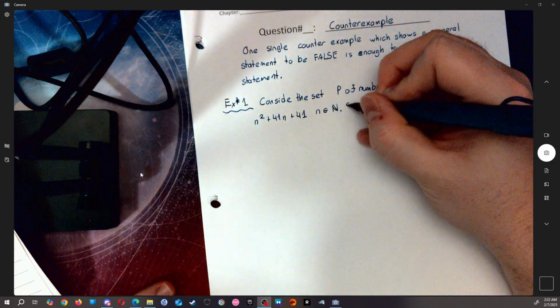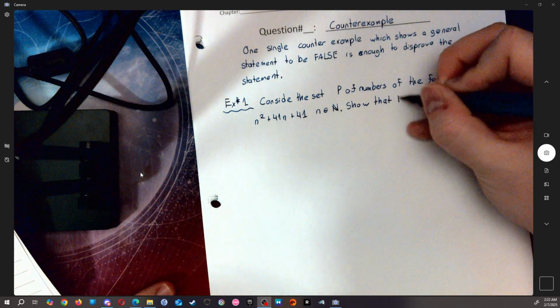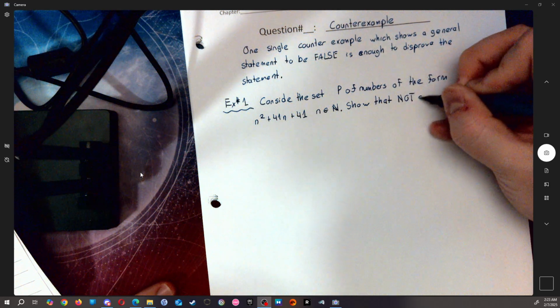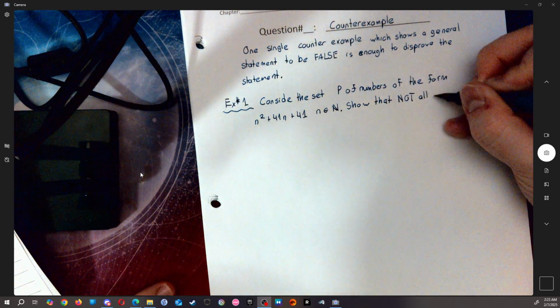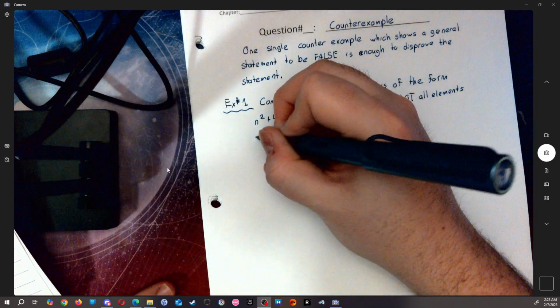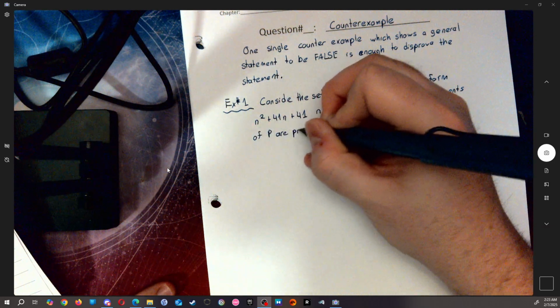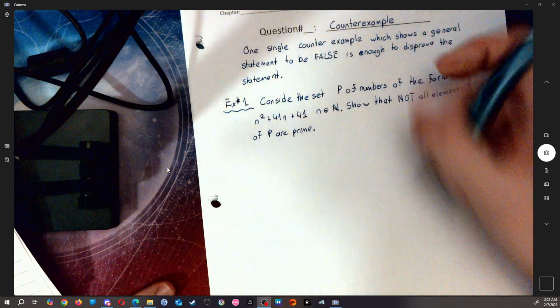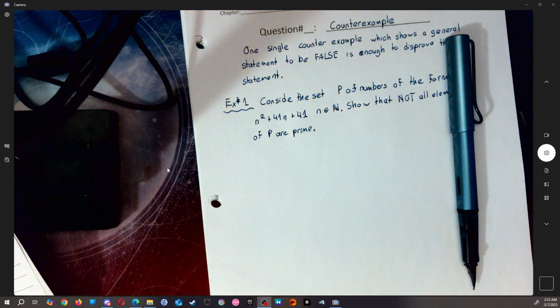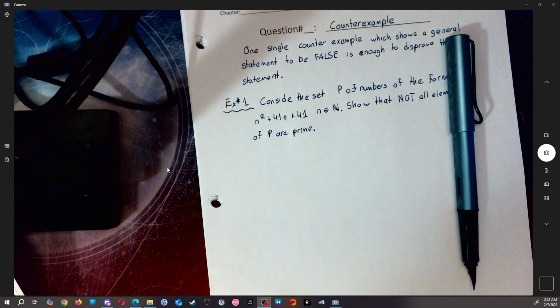Now, show that not all elements of P are prime. Okay? And hopefully we don't need the reminder, but if you do, a prime number is just a number that's only divisible by 1 and itself.